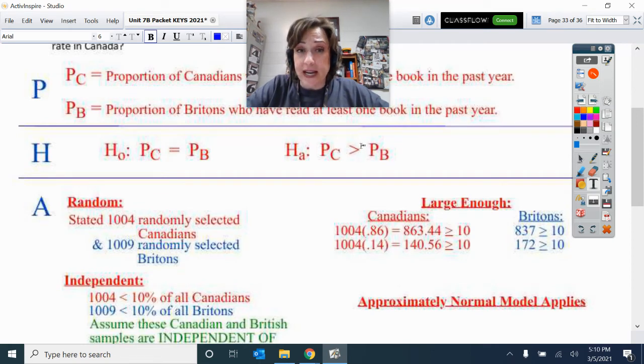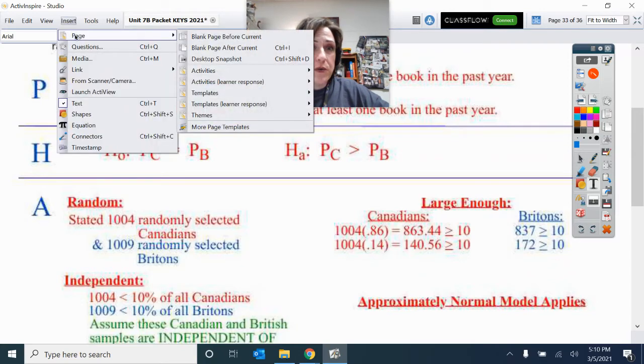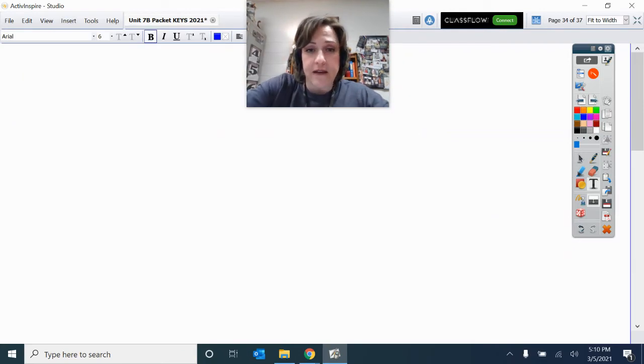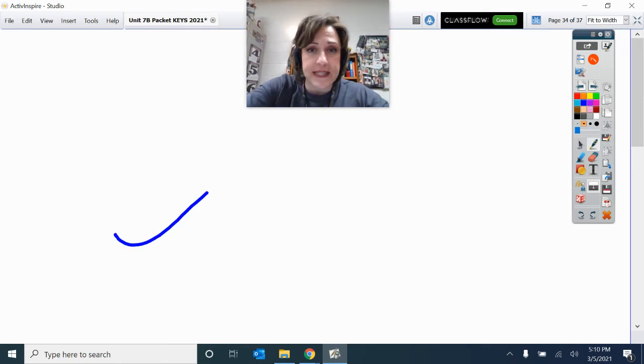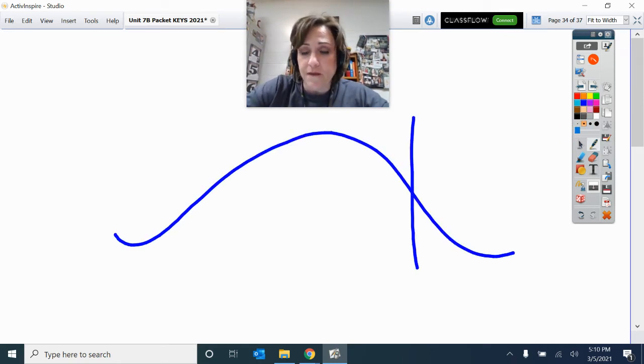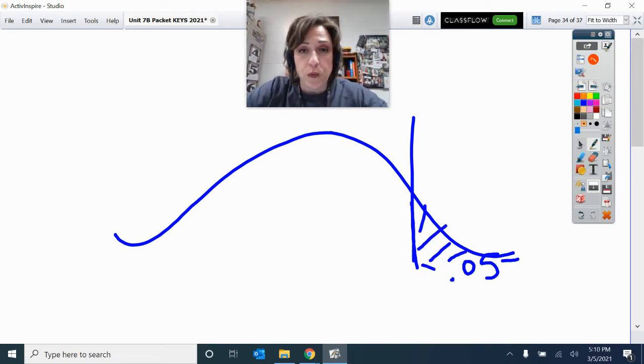So that put 5% in this one upper tail. Let's look at a picture of that. My significance area would be 5% up here, so any sample in this 5% would be significant.